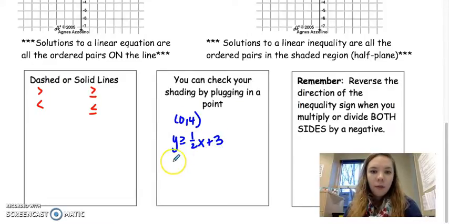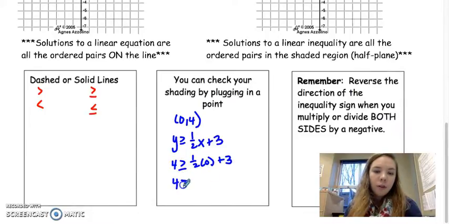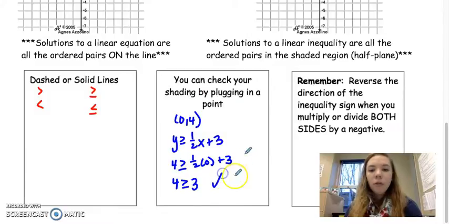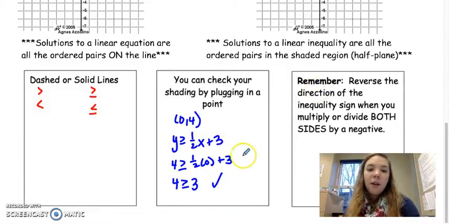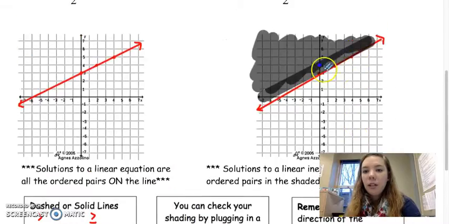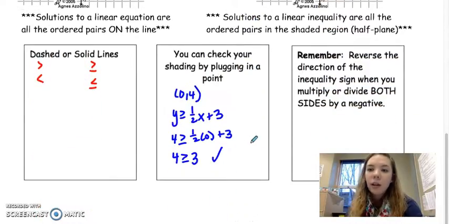So I'm going to plug in 4 for y and 0 for x. And I get 4 is greater than or equal to 3. That is true, so I shaded the right region. If I got something that was not true, then that means I need to erase this and shade below. But since it's true, I did it correctly.